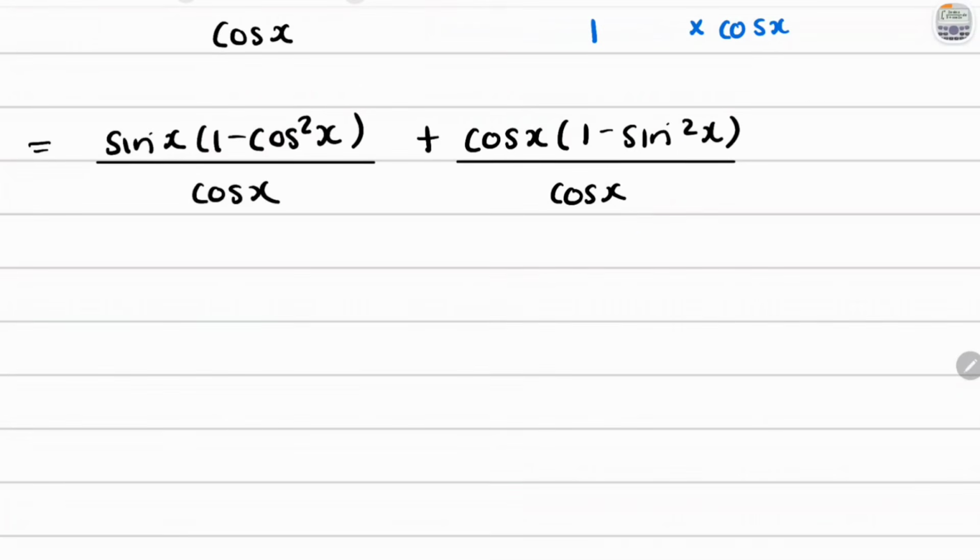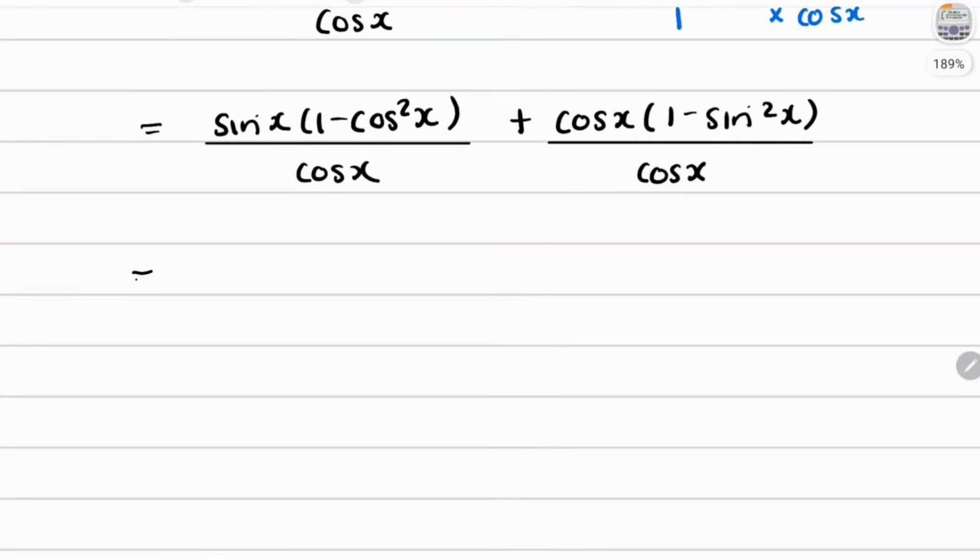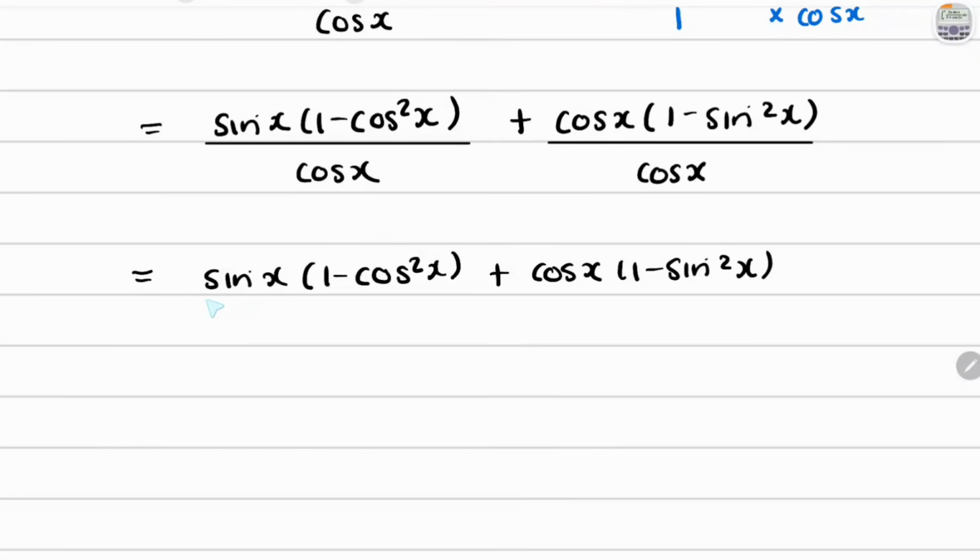Okay, now that the denominators are the same, we can finally now put them together. So that is equal to, and we're going to say, so we have sine x, and then 1 minus cos squared x, and plus cos x, 1 minus sine squared x. And this goes all over cos x.